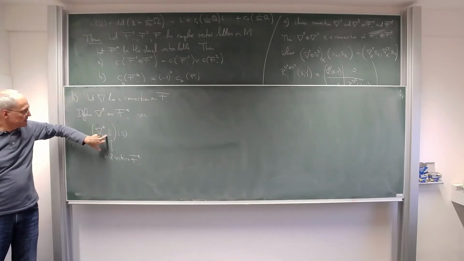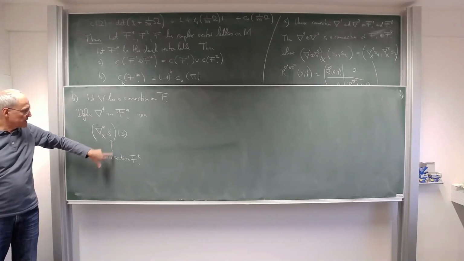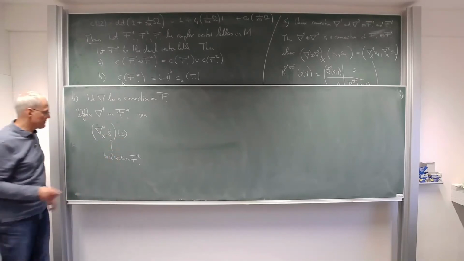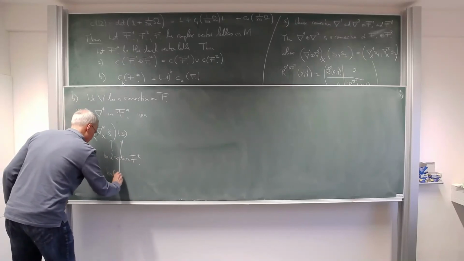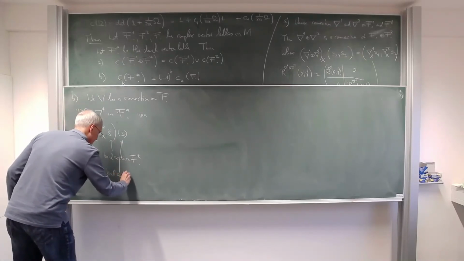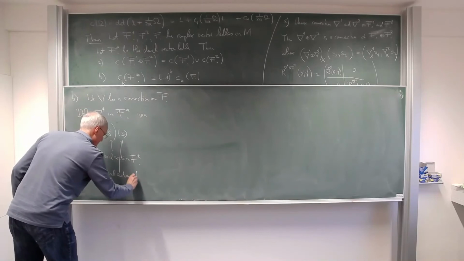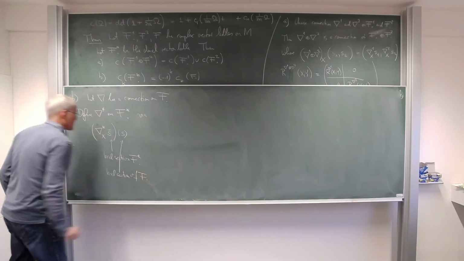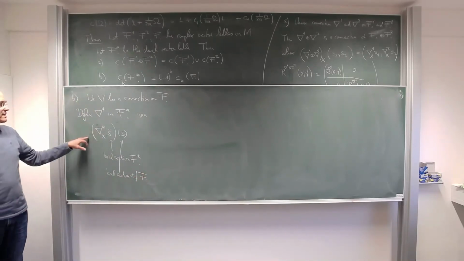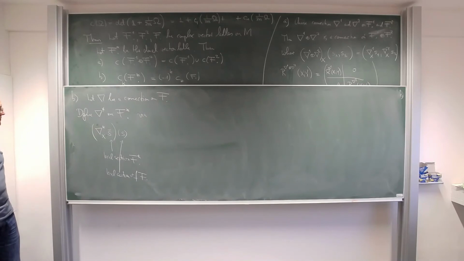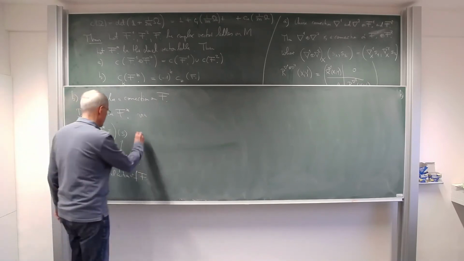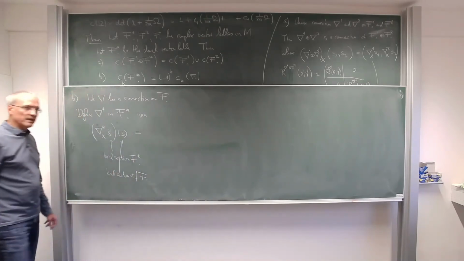If S tilde is a local section of F star and S is a local section of F on the same domain, let's say, then this whole thing is a locally defined function. And how do we define this connection?